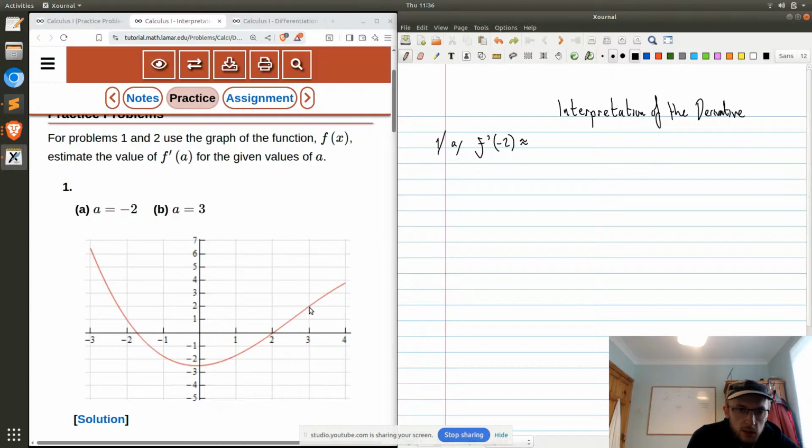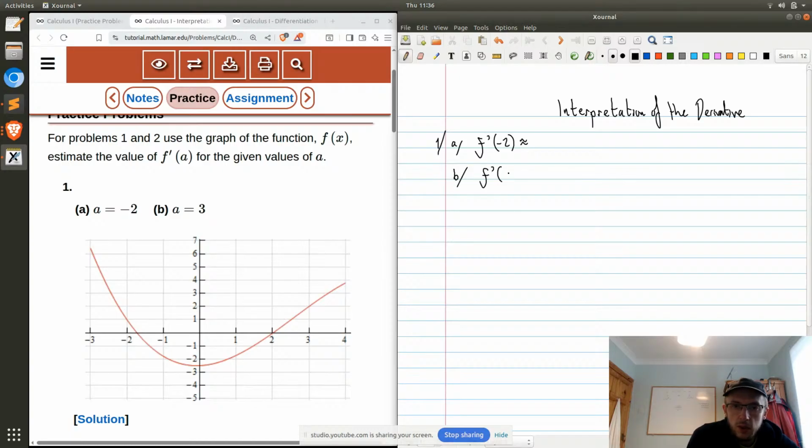All right, so at a equals 3, if I imagine a straight line connecting that point there to that point there, then the change in the y-axis is 2, and the change in the x-axis is 1. So it's actually closer to 2 over 1, which is 2.